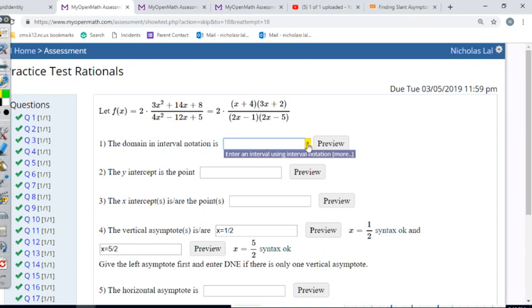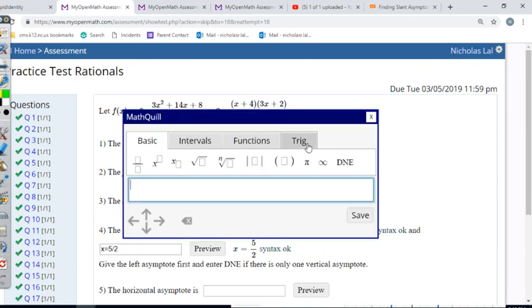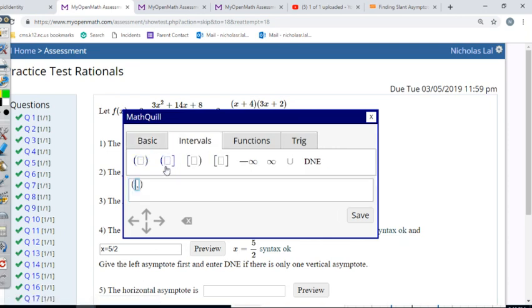Domain is from -infinity to 1/2, union 1/2 to 5/2, union 5/2 to infinity.